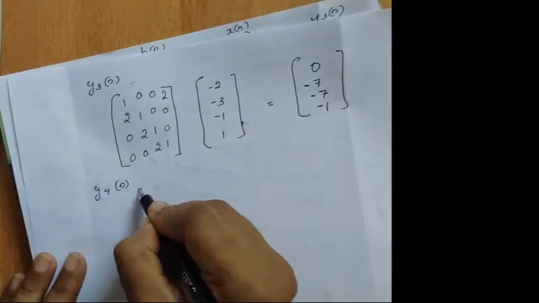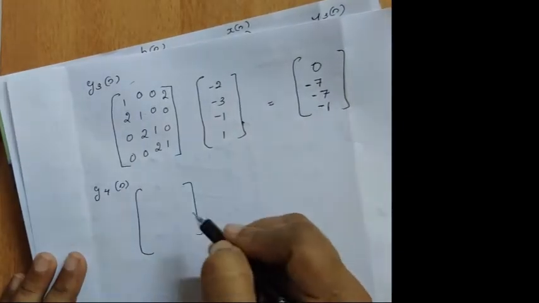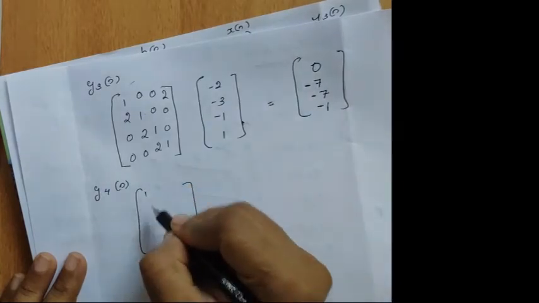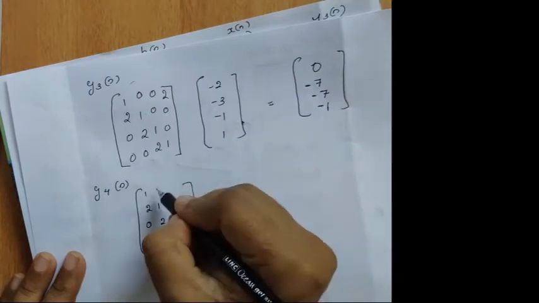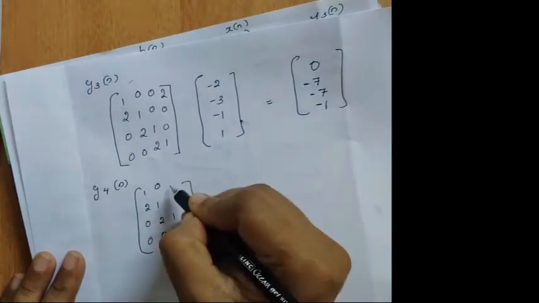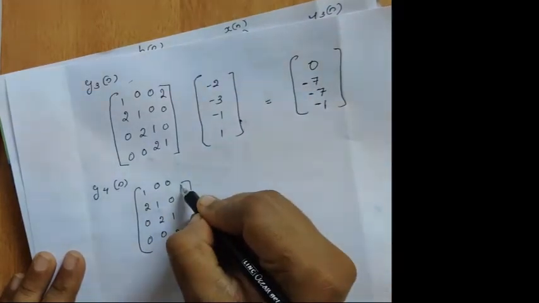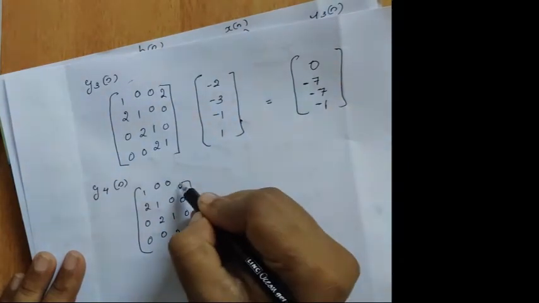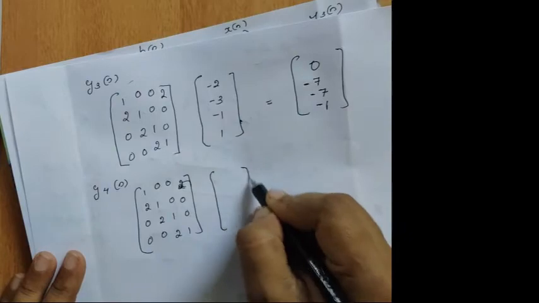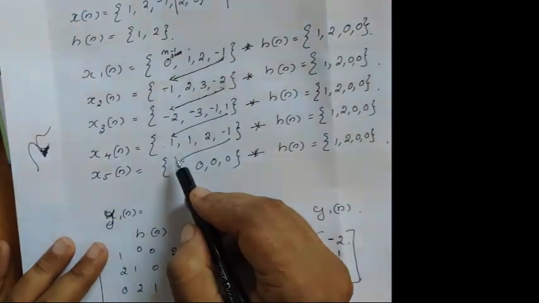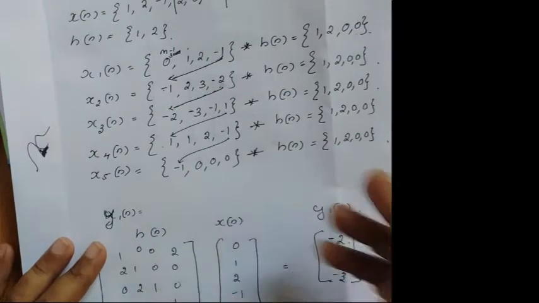Next, y4 of n. The x of n is 1, 1, 2, minus 1.